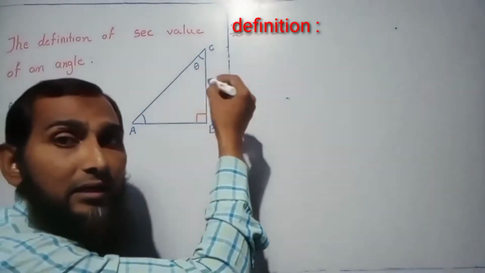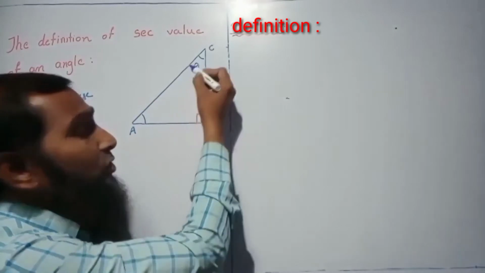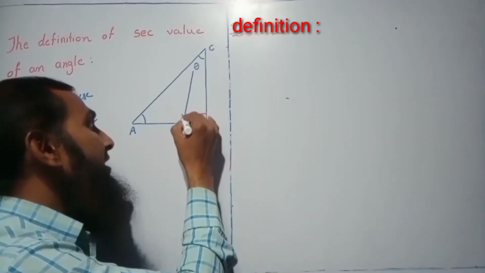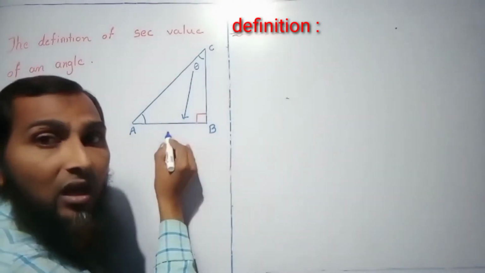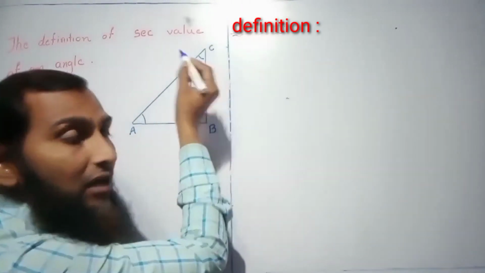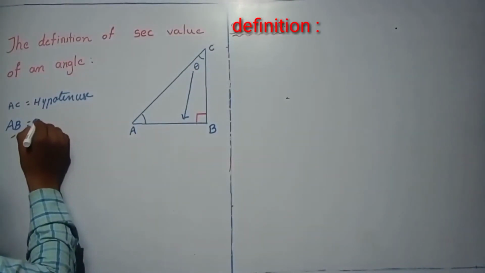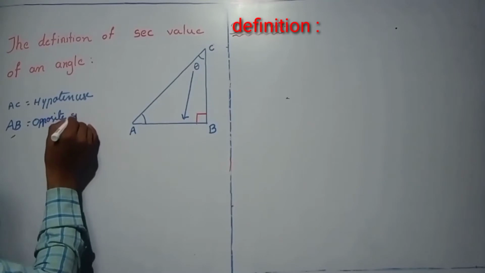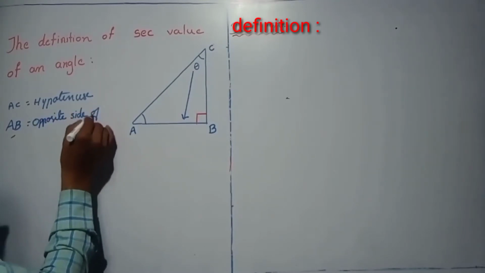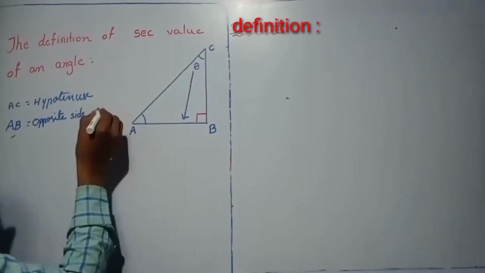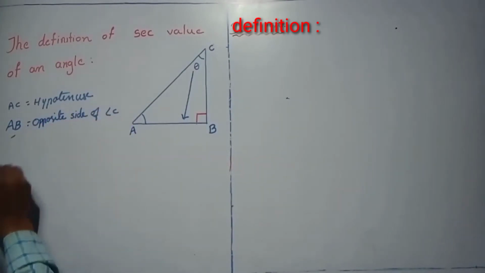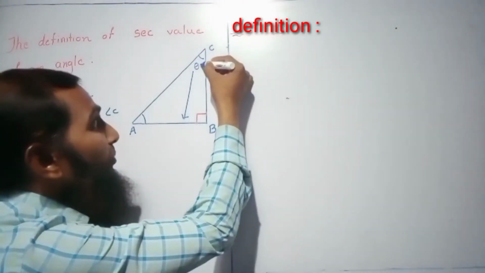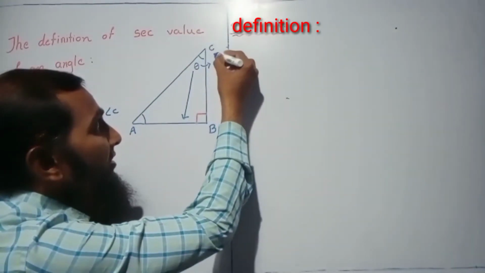So what is the position of AB with respect to theta? AB is the opposite side of theta, the opposite side of angle C. And BC, with respect to theta, is the adjacent side.